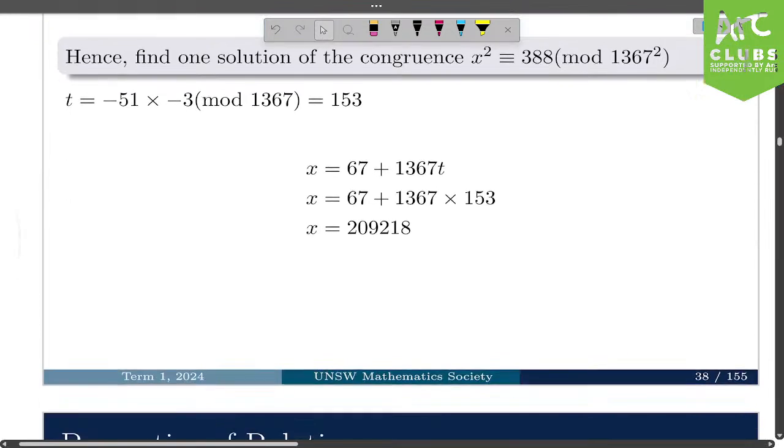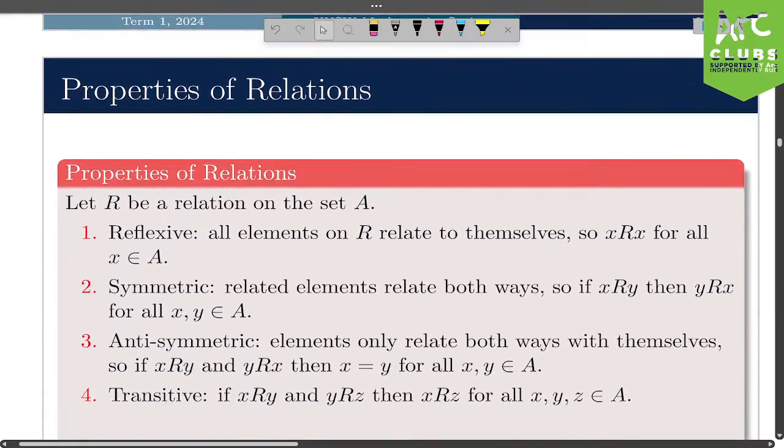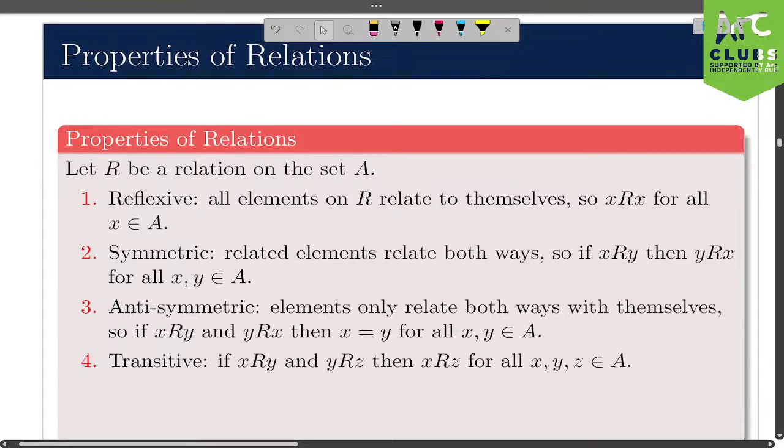Okay, so now let's move on to the relations part. First we'll go over what a relation is.